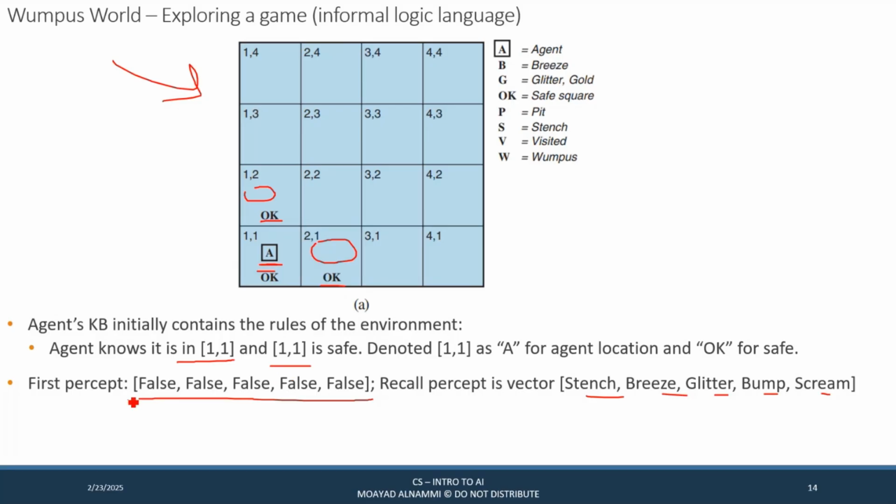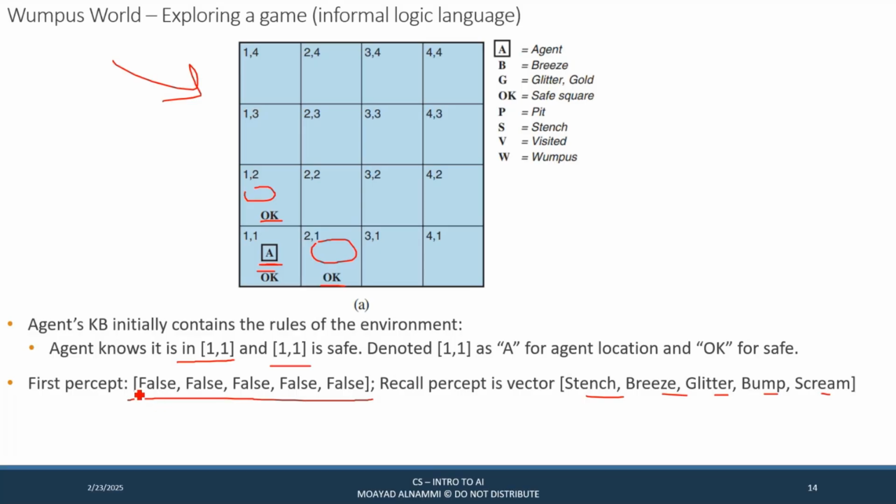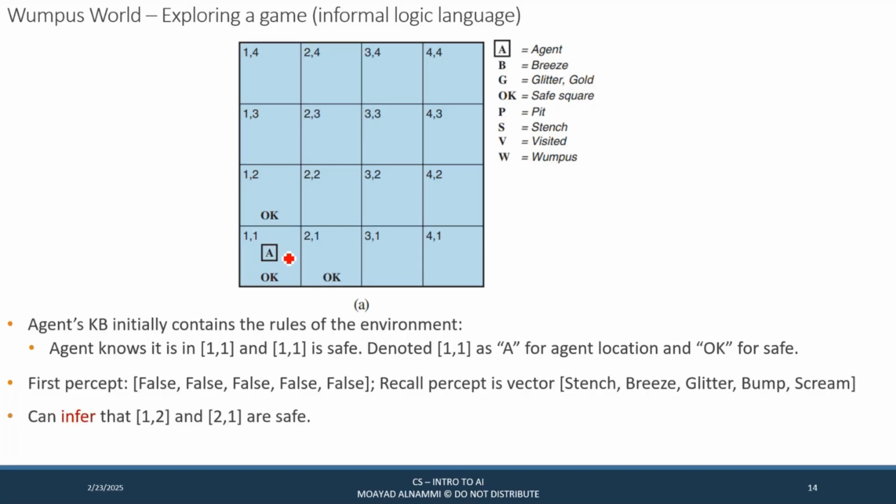So we denote these as okay, as safe grids, right? This is important. This is called inference. We used our logical inference, our brains, to reason about the mechanics of the environment, as well as this sensor reading. We reasoned that these grid locations should be okay. So we want to make forward progress. We could tell our agent at this point to make forward progress towards a location that is clear, right?